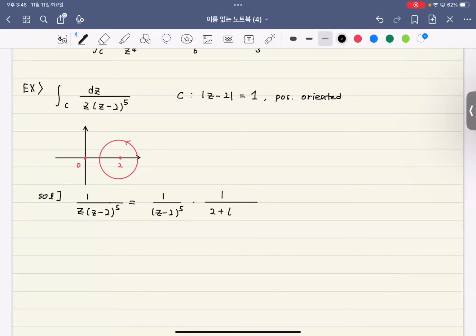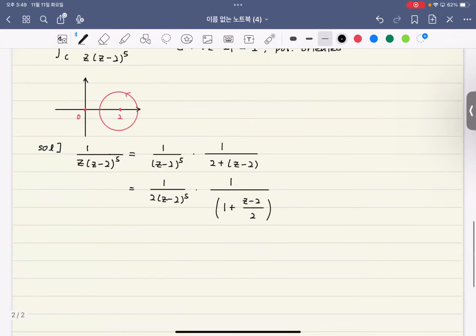I say this is 2 plus (z minus 2), and I'll change this a little bit. This 2 goes here, and this is 1 plus (z minus 2)/2, just like this.